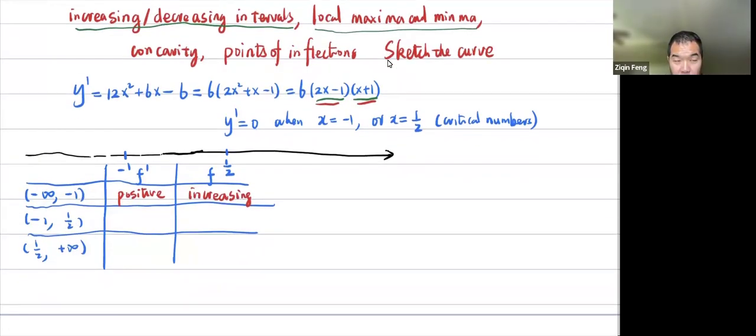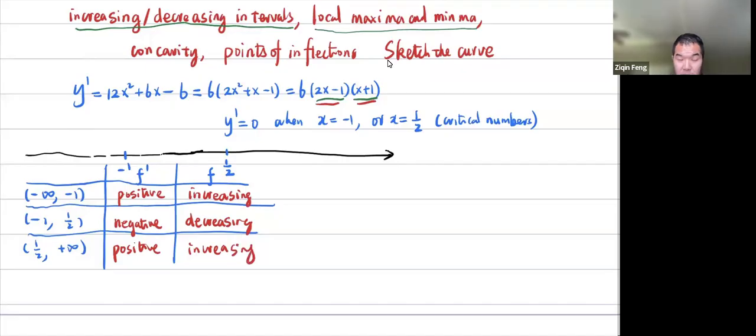And from -1 to 1/2, the second factor will be positive. The first factor is still negative, right? So this is negative times positive, negative. The function is decreasing. From 1/2 to infinity, again both factors are positive. So the function is also increasing.